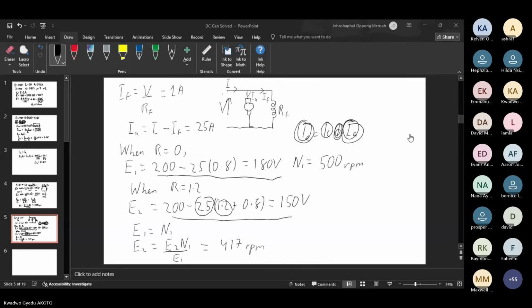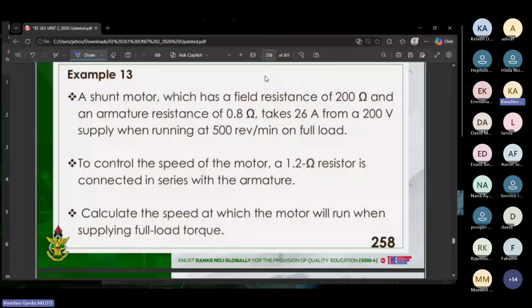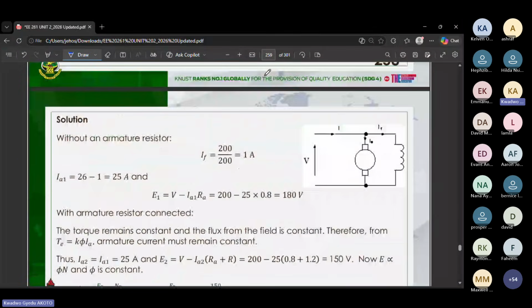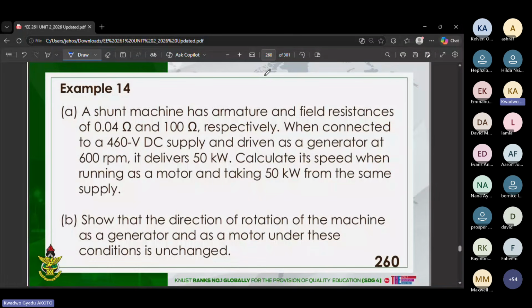14. So for example 14, we have a shunt machine with given armature and field resistances respectively. When connected to a 460 volt supply and driven as a generator at 600 RPM, it delivers 50 kilowatts.